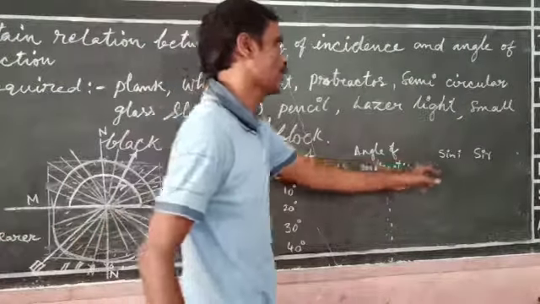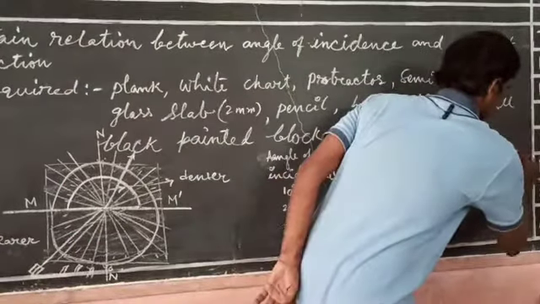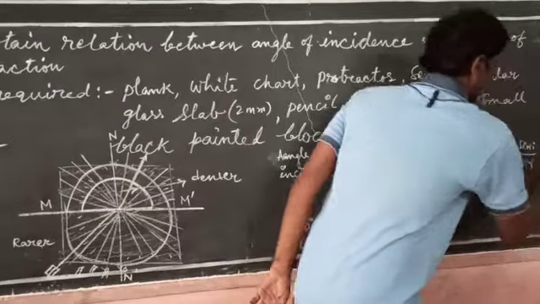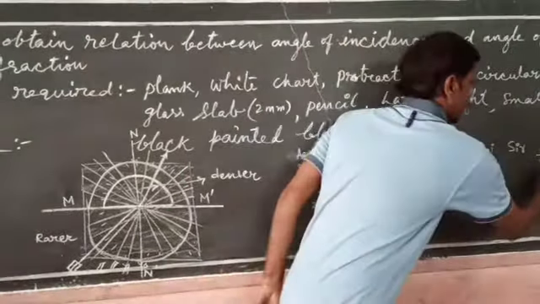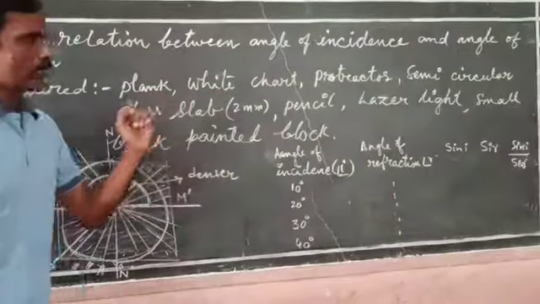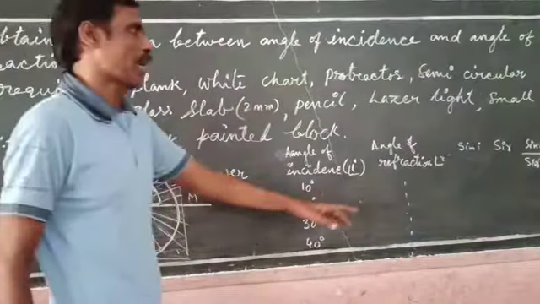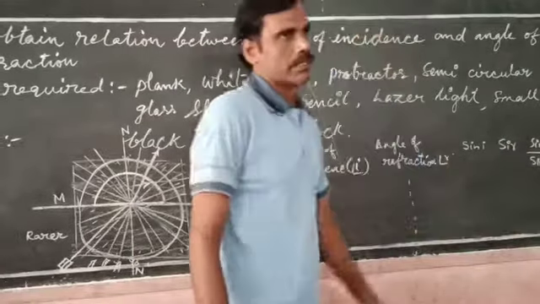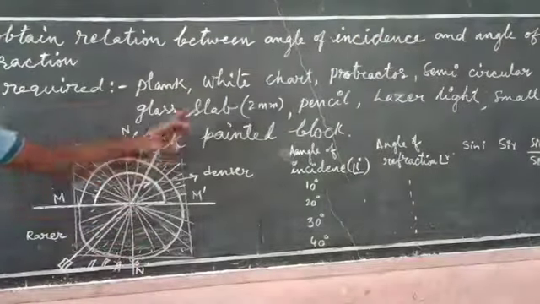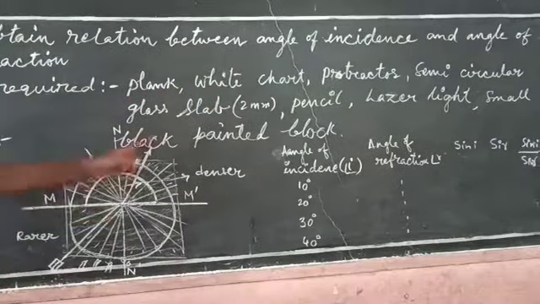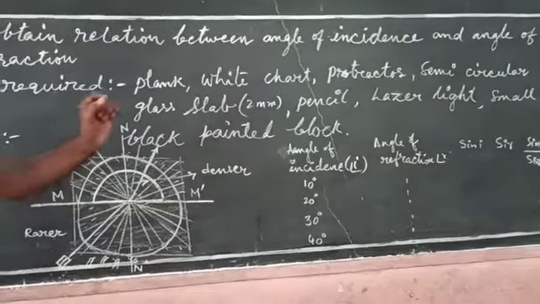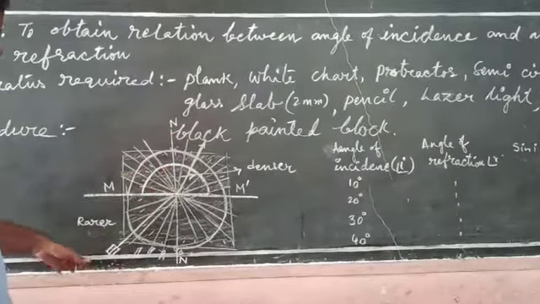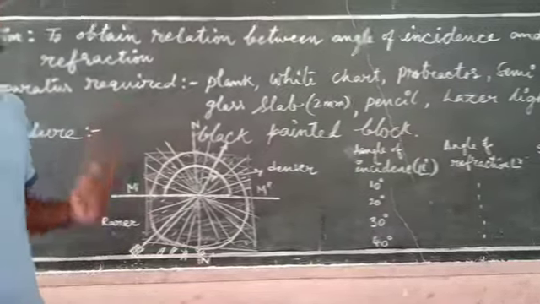From these two values, find the ratio of sin I and sin R. Now, you will observe that the ratio of sin I and sin R will remain constant. That means the ratio of sin I and sin R is always constant when the laser light moves from one medium to another medium.